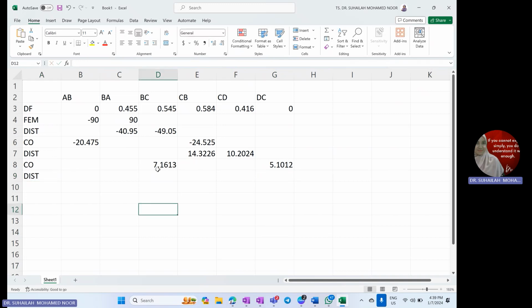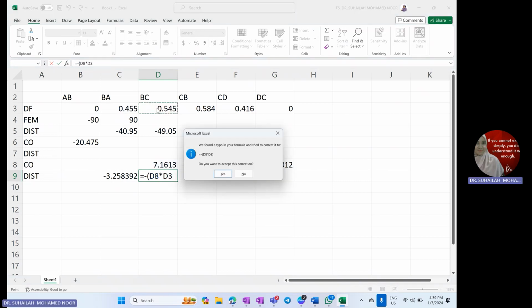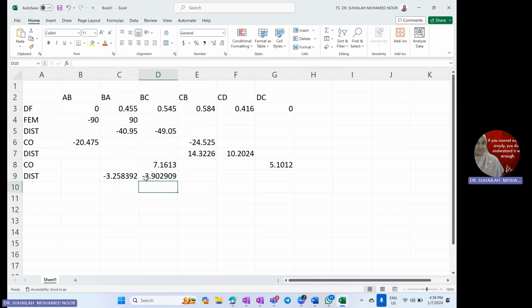Now we have to distribute 7.1, which occurs at joint B, so BA and BC. Negative for the opposite condition, times the factor.